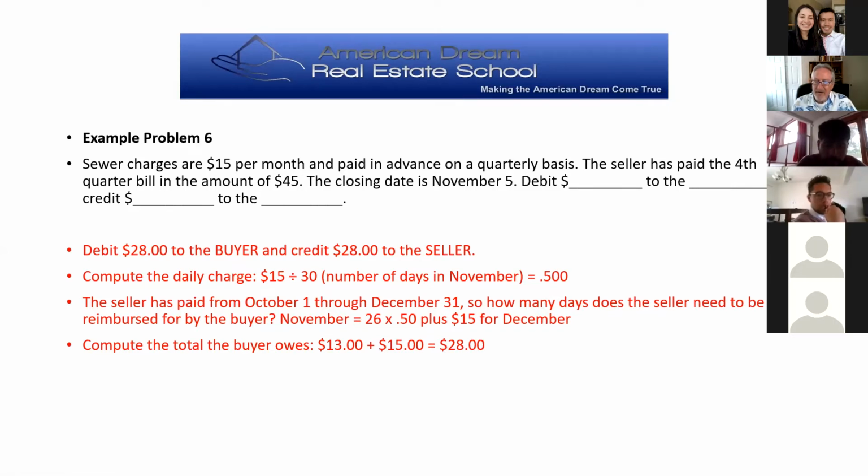Now, follow me on this, folks. The seller paid from October through December. He paid in advance. That's the fourth quarter. So you got to understand what a quarter is, right? There's 4 quarters. Each quarter has 3 months in the year. The fourth quarter is October, November, December.